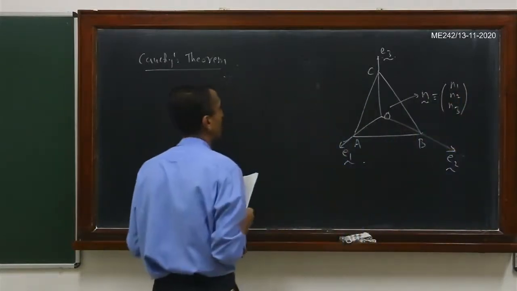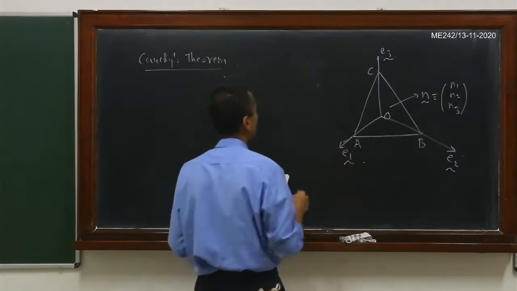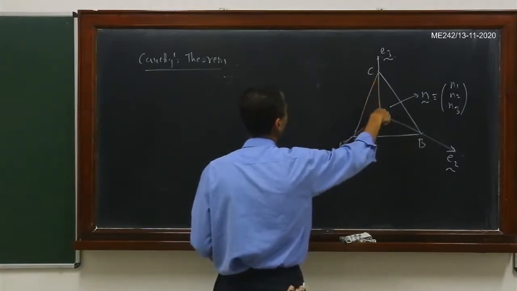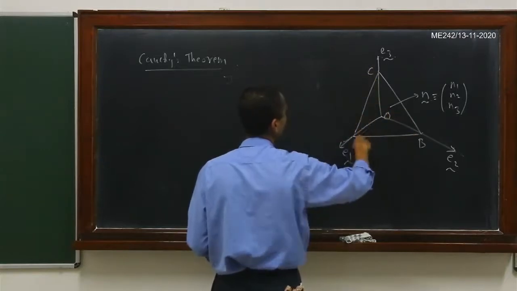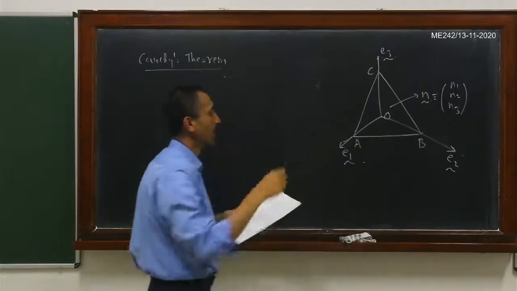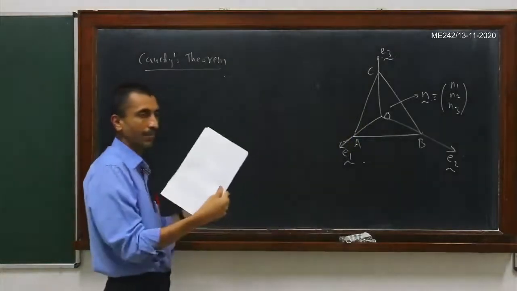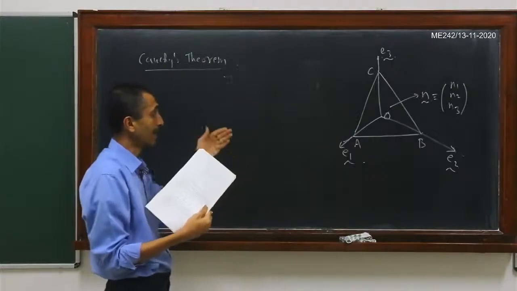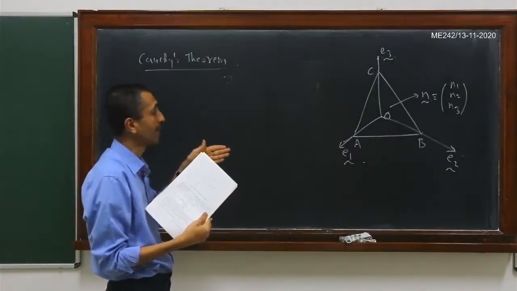So consider this tetrahedron with faces OAC, OBC, OAB, and ABC. Here you can think of ABC as an inclined face, and the remaining faces coincide with the coordinate planes.